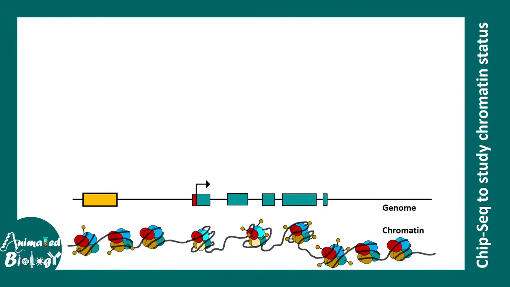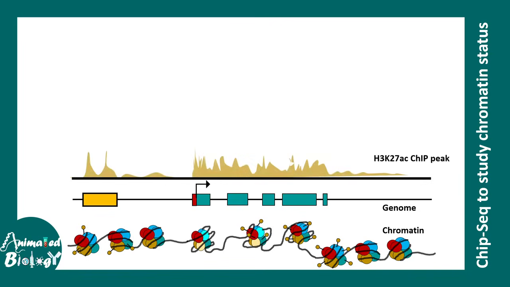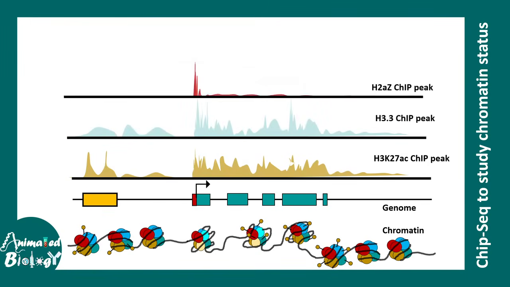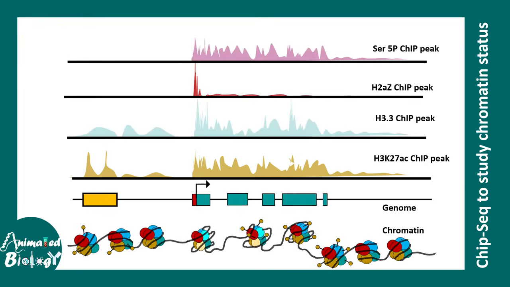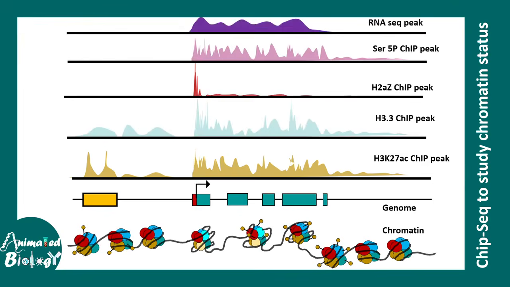Now, ChIP-seq is another very useful technique for molecular biologists to understand the aspects of chromatin, because we need to understand transcription from a chromatin-centric view. Signatures like H3K27 acetylation, H3.3, H2AZ, and serine 5 phosphate combined with RNA peaks can tell us the level of transcription. In this case, H3K27 acetylation is a gene activatory mark, and here it is lying throughout the gene body.